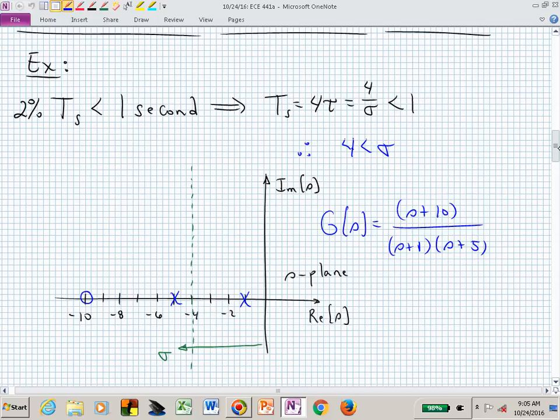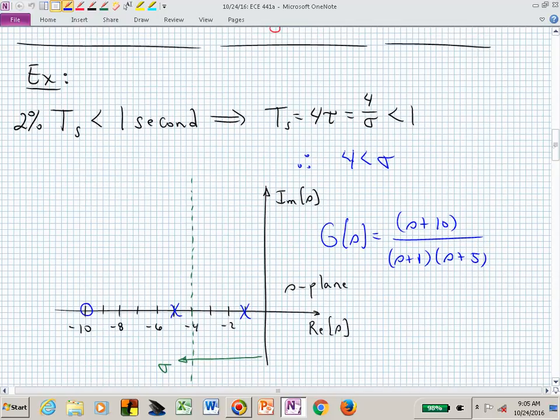And here's an example. Again, we have the same system, one finite zero, two finite poles, and I've plotted those poles and zeros in the complex S-plane. But maybe somebody says, I want a 2% settling time of 1 second, which means that we want the real parts of our dominant poles to be to the left of -4 in the complex S-plane.